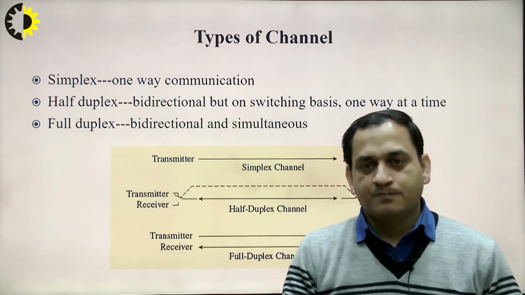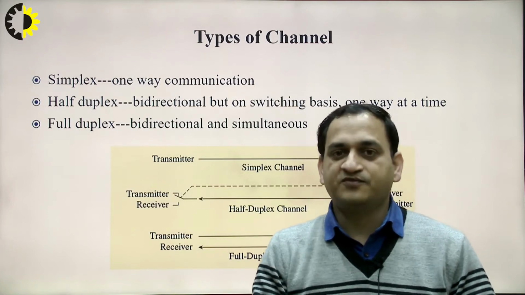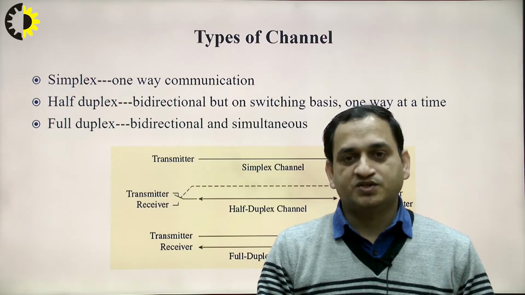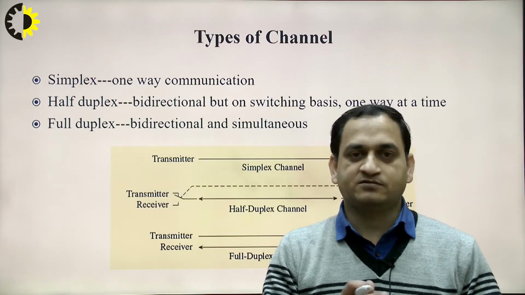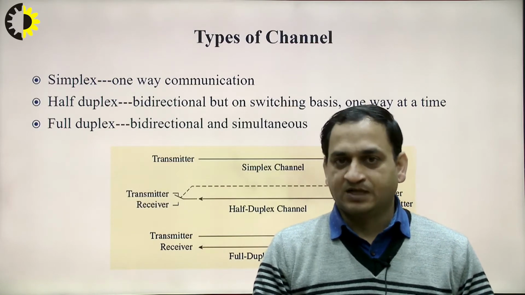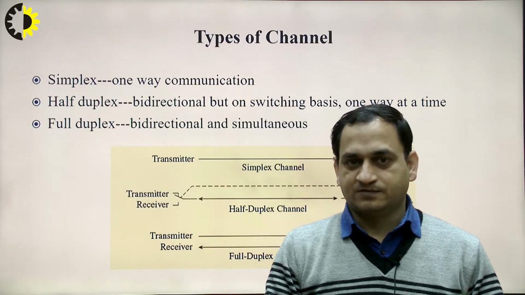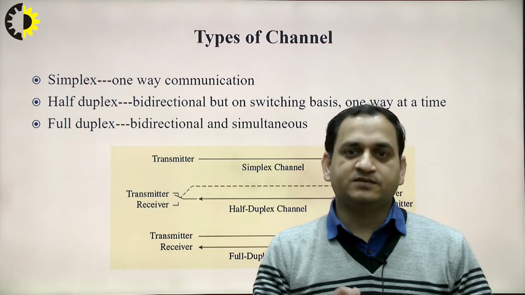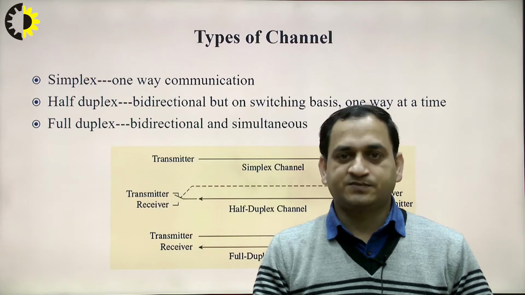The second one is half duplex. In half duplex it is bidirectional, but on a switching basis. At one time the transmitter can transmit the signal, and at another time it can receive the signal. The same thing happens with the receiver: at one time it will receive the signal, at another time it can transmit the signal.